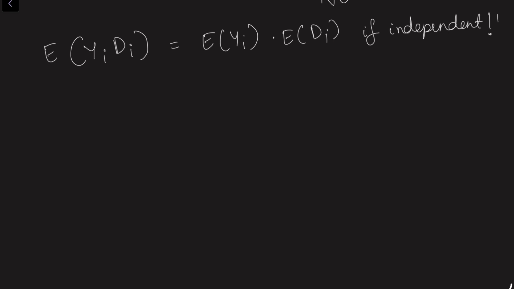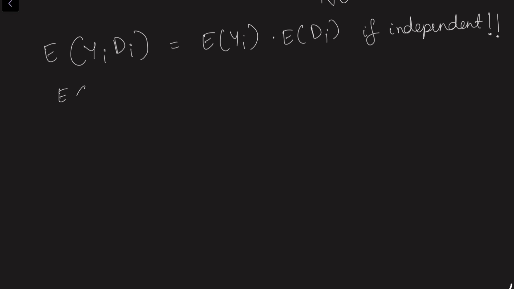If this is independent, this would be the same as the product of the individual expectations. We would be able to multiply these values individually if independent. Caveat, right? But let's check if that's true.